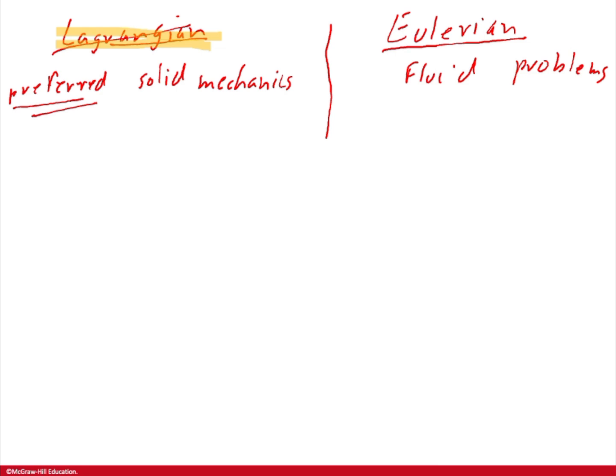It's like you're used to doing something one way for so many years, and now you have to look at it slightly differently. So that switch sometimes becomes challenging for students to observe things from the Eulerian perspective, right?